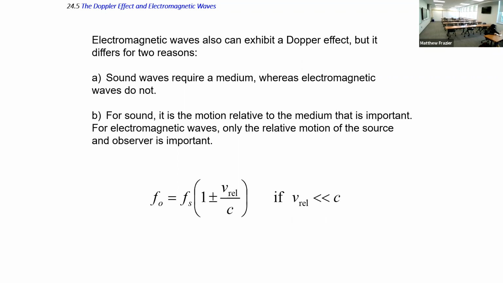And so that's why you had such complicated formulas. But when we talk about light, light doesn't require a tangible medium. It just has electric and magnetic fields. And those things are already present everywhere, and there's no real good way of measuring relative to the background electric and magnetic fields.